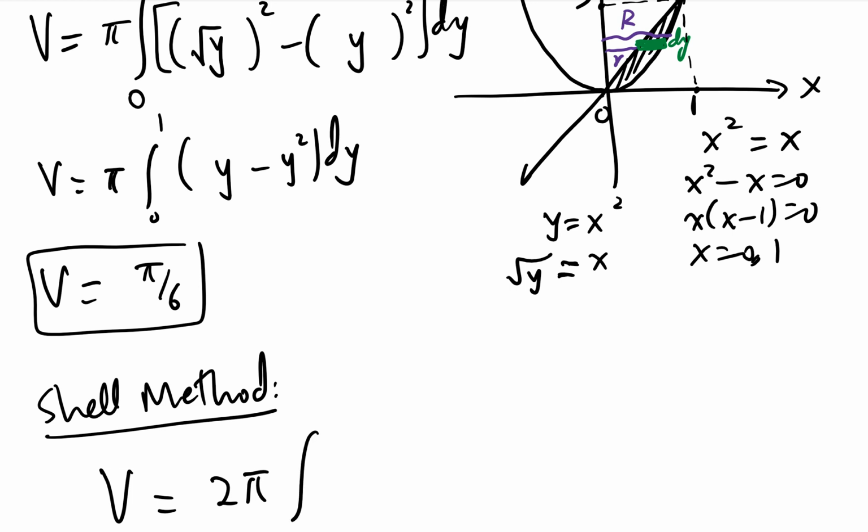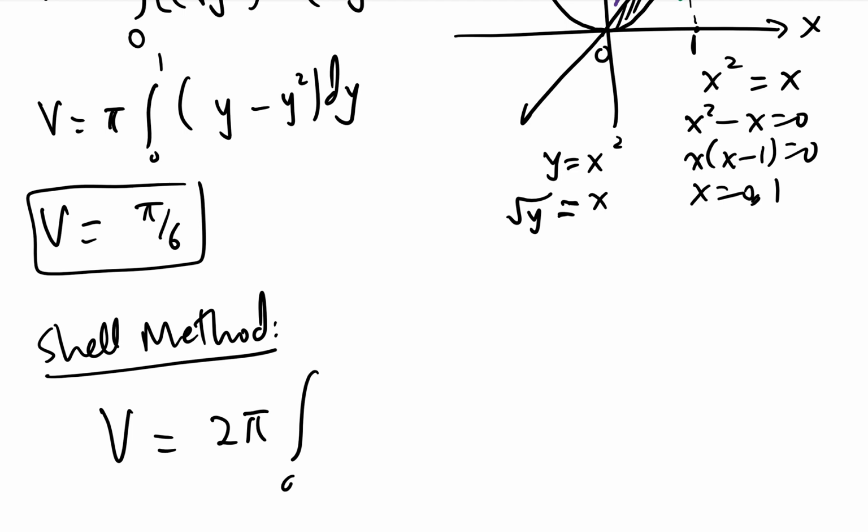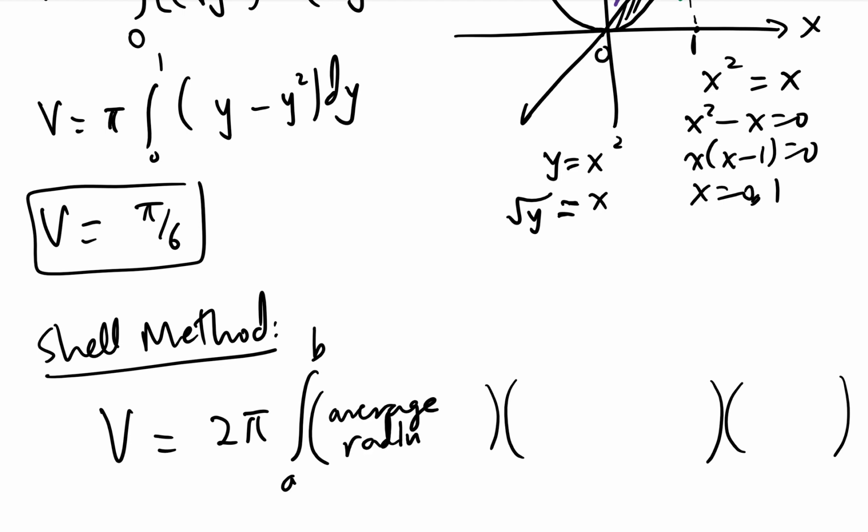The integral, say from A to B, of 3 things. 1, we call it the average radius. 2, length of the rectangle. 3, the thickness. I'll explain all of that in a minute.